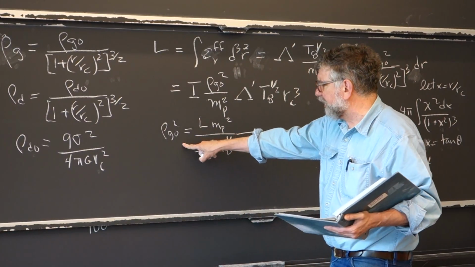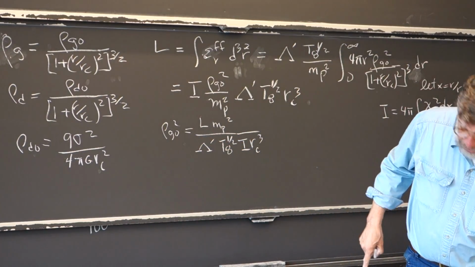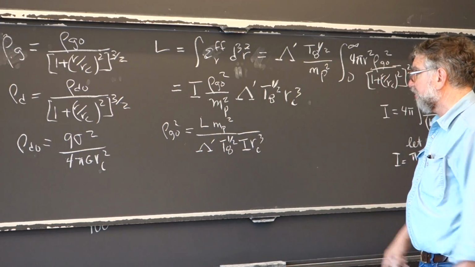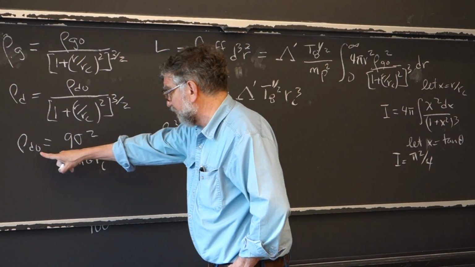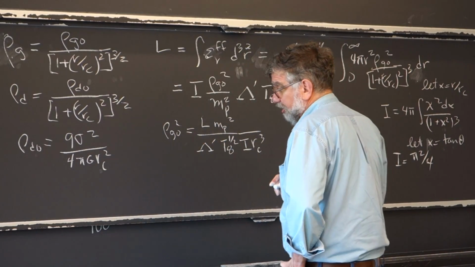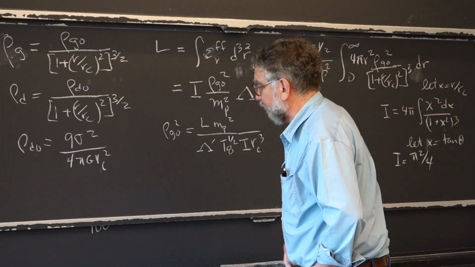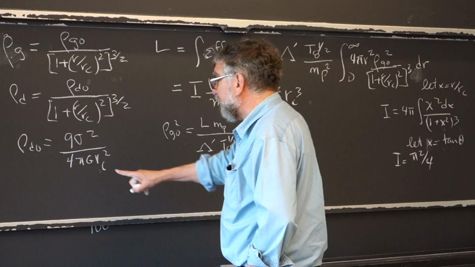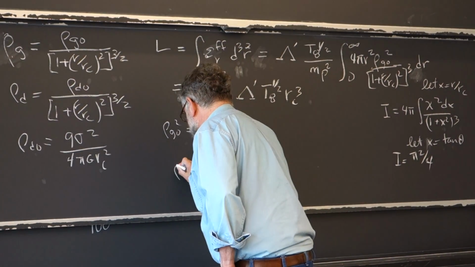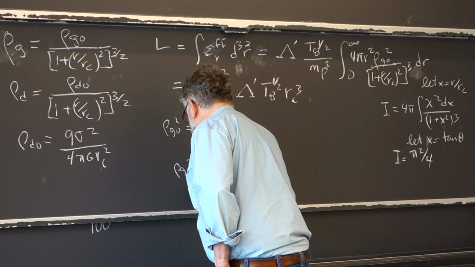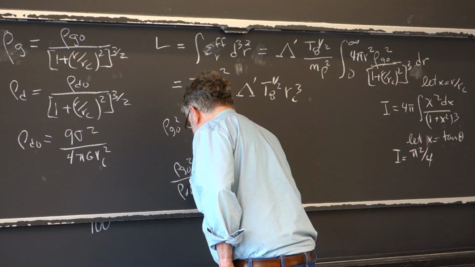So here we have rho g0 squared, the density of gas at the center required to produce the emissivity. Here we have rho d0 squared, the dark matter required to produce the velocity dispersion that we see in the cluster.